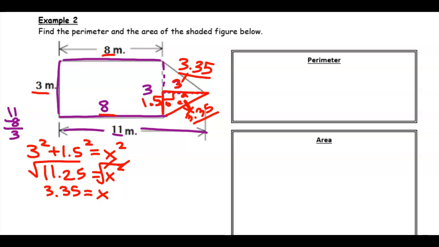That's not a side length. So for perimeter, we're only going to add what's on the outside of the composite figure, right? So 8 plus 3.35 plus 3.35 plus 8 plus 3. Added all 5 sides. Okay?